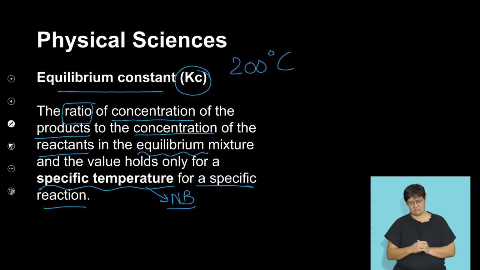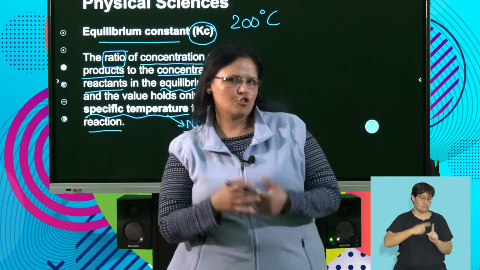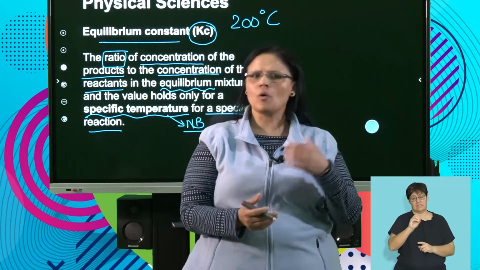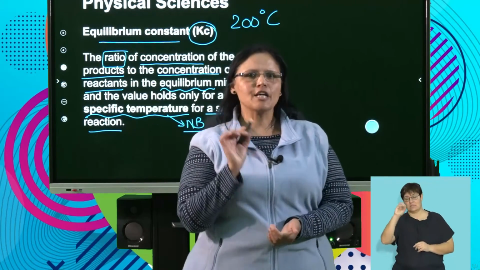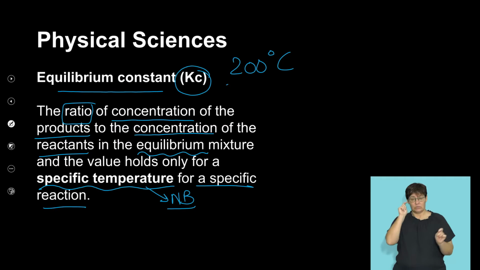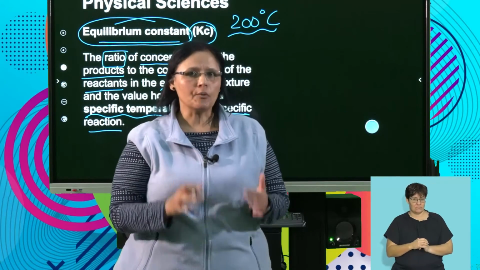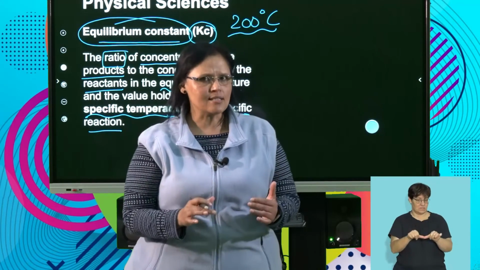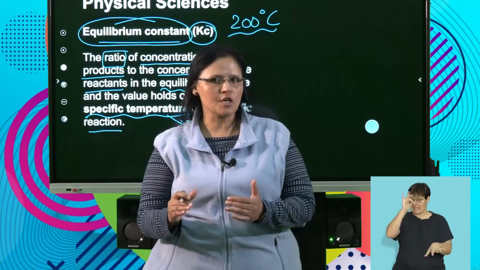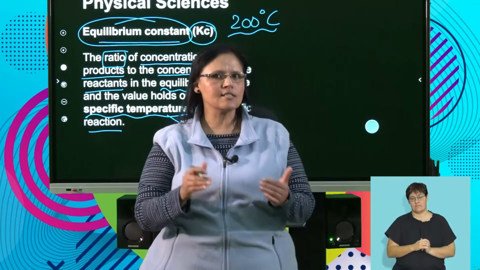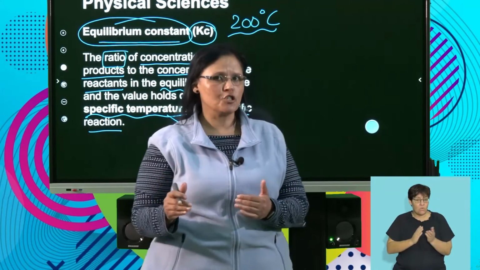If we change this temperature to 250 degrees or to 180 degrees, as soon as we change the temperature, your Kc value, this equilibrium constant, will change. So it's very important to note at this point already that your equilibrium constant, your Kc, is sensitive to temperature. It is only affected by temperature.